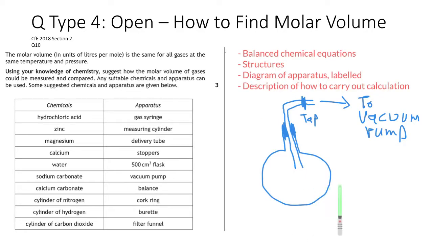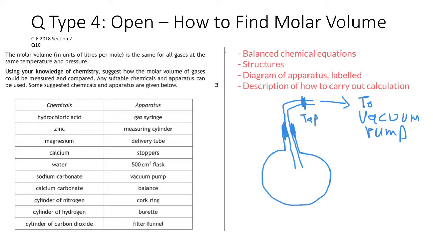The other way you can get molar volume is you get a flask of known volume, and you get a stopper, delivery tube, and it has to have some sort of tap here. And you connect this up to a vacuum pump, and you suck all the air out that's inside it. Once you've done that, you seal the tap and you weigh everything on a balance.